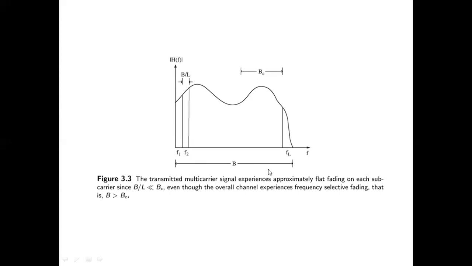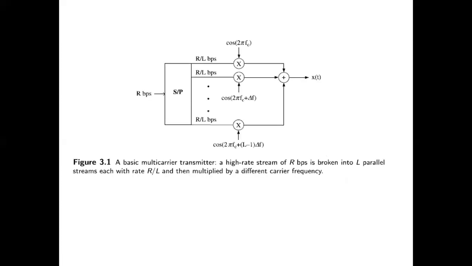Say I divide this B into 10 pieces, then B divided by 10. You break it into smaller pieces such that the individual bandwidth is much smaller than the coherence bandwidth. That's how we tackle fading. I think we have discussed this in an earlier class. So that's what it's all about.